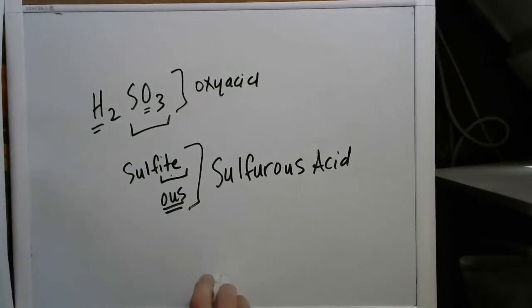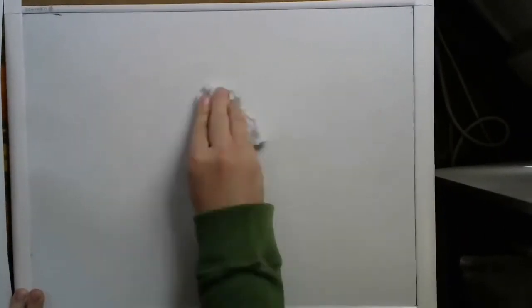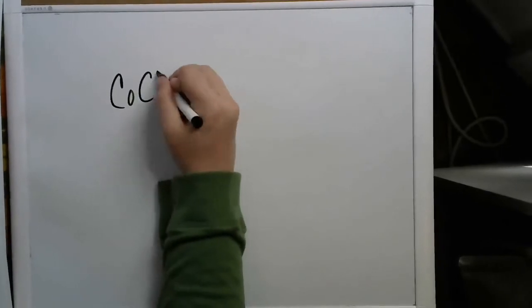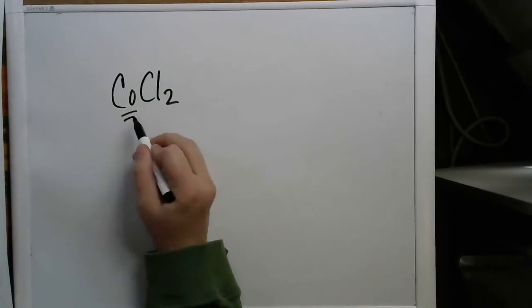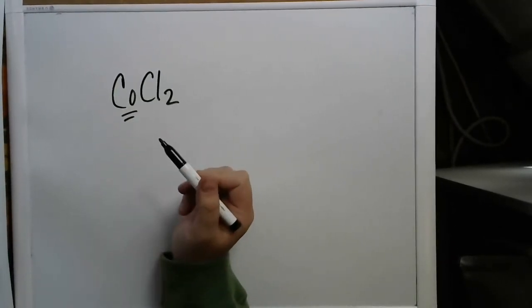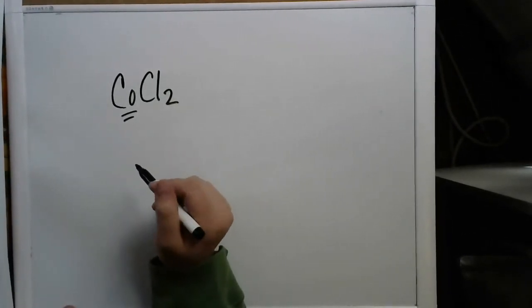All right, we can do some of these naming ones. Let's look at number 85. The correct name for the compound CoCl2. So here you want to start by breaking these up into their ion forms, right? Hopefully you'll recognize right away that this is one of your metals that has a charge that changes depending on the compound.